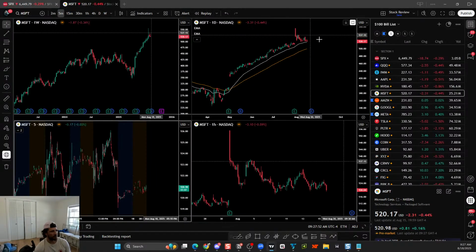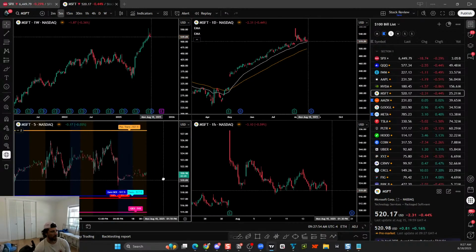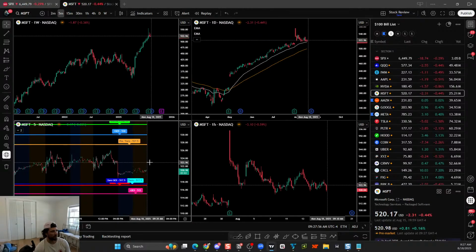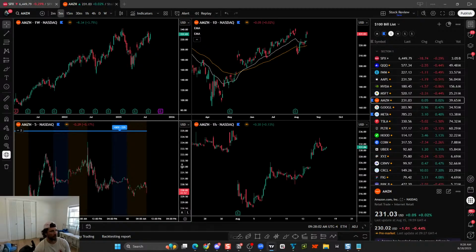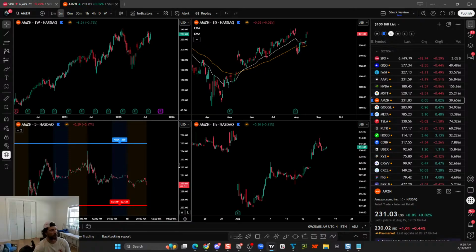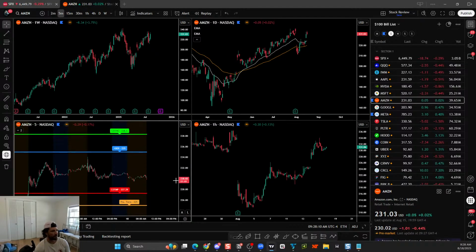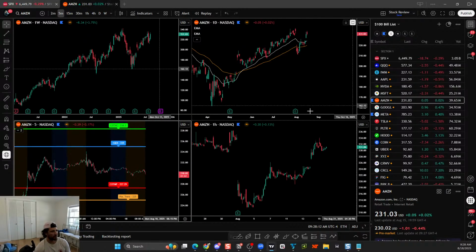Microsoft, another one that's just been consolidating up near all-time highs, kind of in no man's land right now. It's below P-trans, so not as favorable relative to those that we've looked at so far today, because above P-trans is where it starts to get into call-dominated territory, where we would expect further progression higher, but right now it's in the middle of that transition zone. Amazon, kind of no man's land right now.